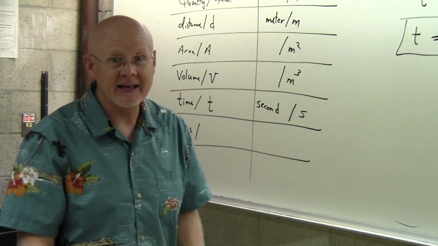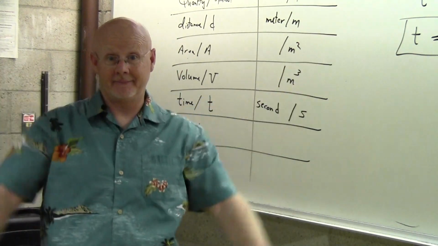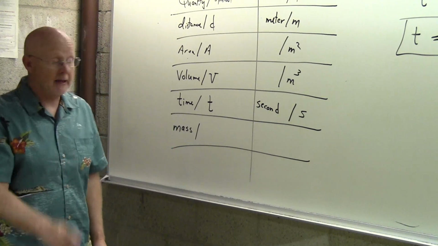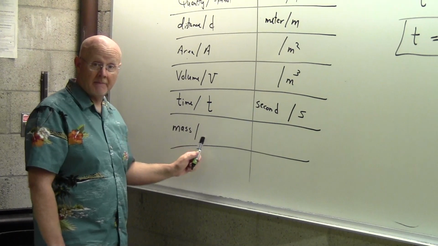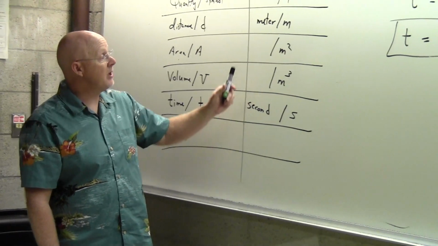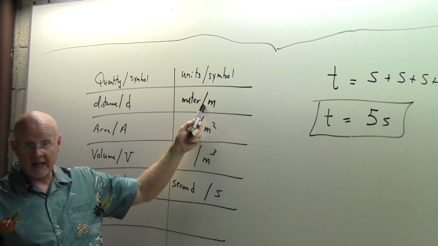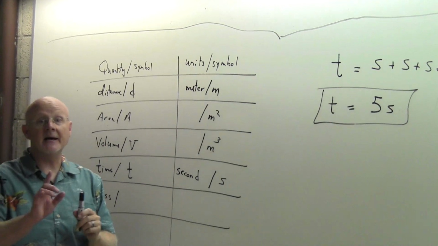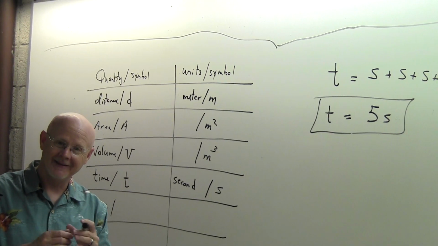And I hear some people say, capital M. I know they're thinking capital M because mass starts with an M. But didn't we already use a lowercase m for meter? Yes, but wasn't that in a different category?